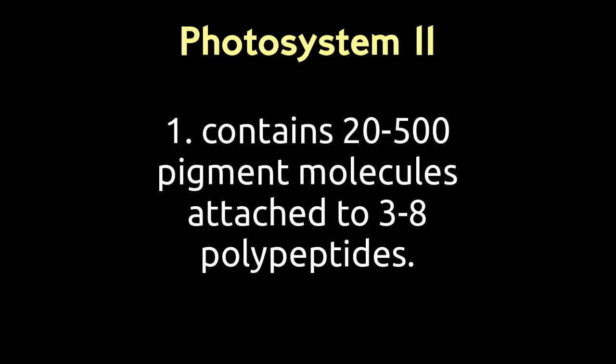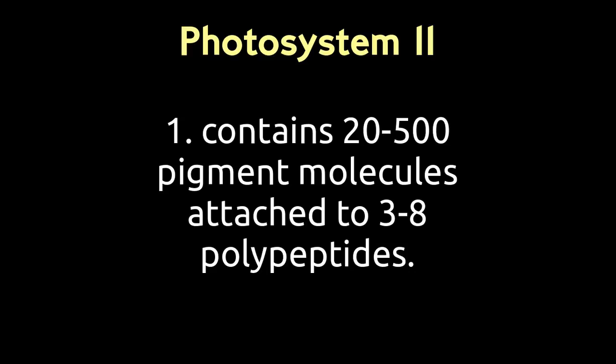These pigment molecules, between 20 and 500 of them, are going to be attached to several polypeptides, generally 3 to 8 individual polypeptides. And this is what's going to actually collect the light.